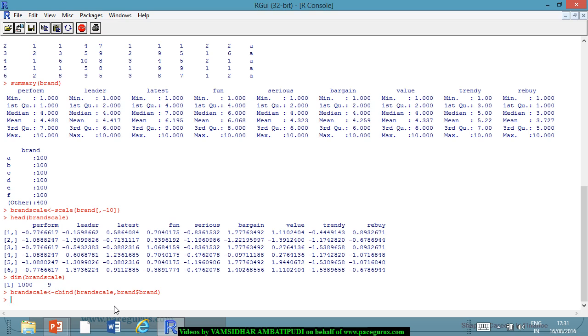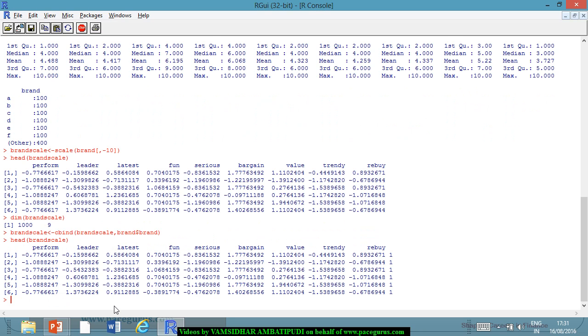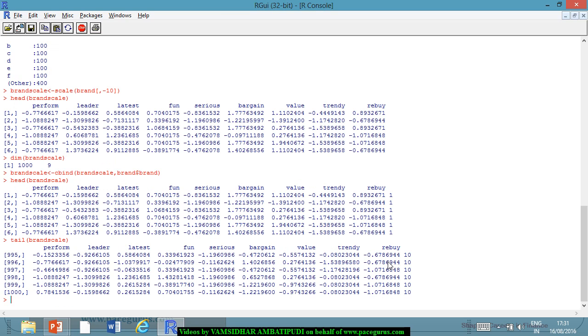Now if I look at the head of brand scale, I get the brands as 1, 2. I'll look at the tail of brand scale. It gives me 10.